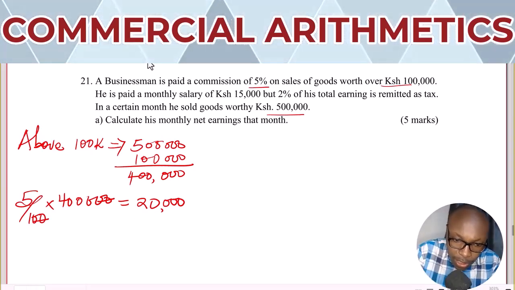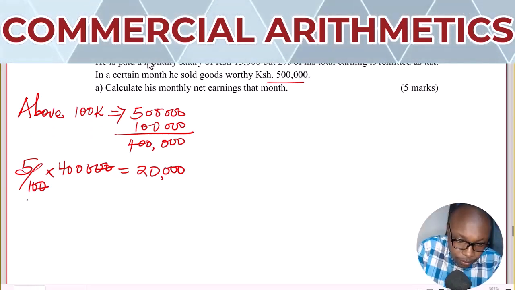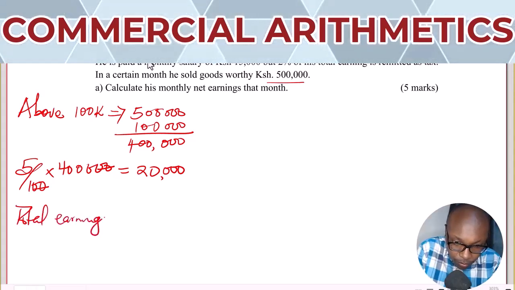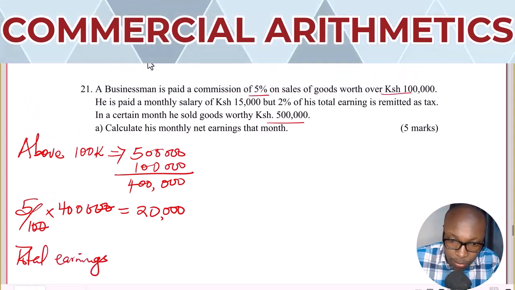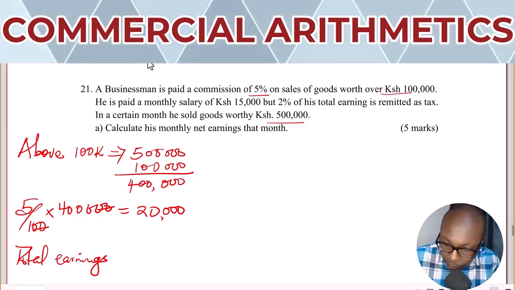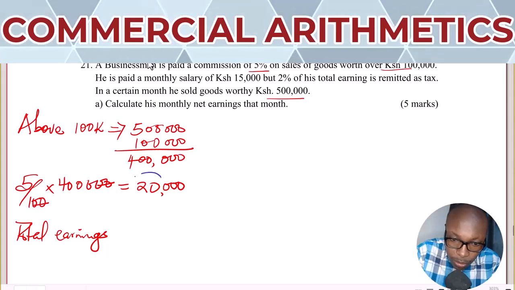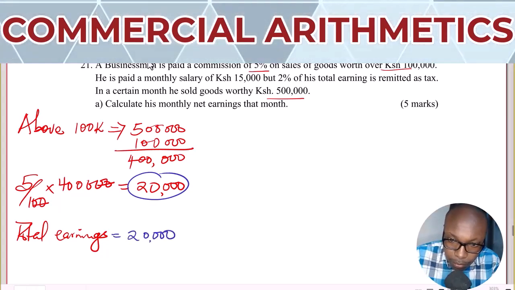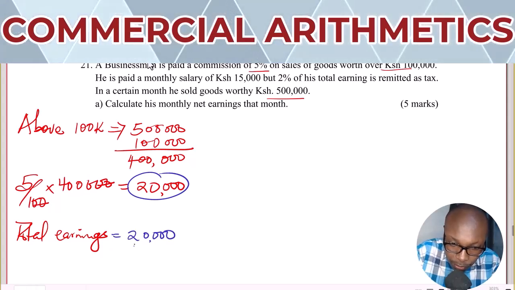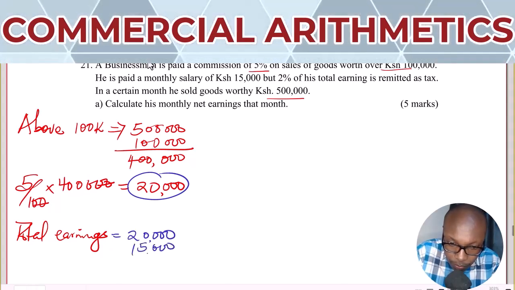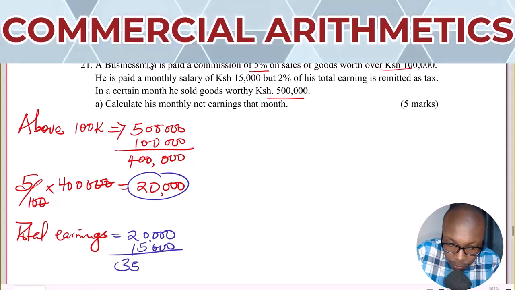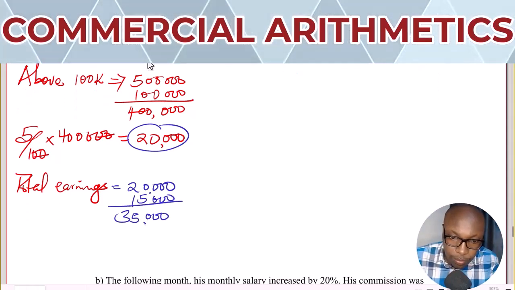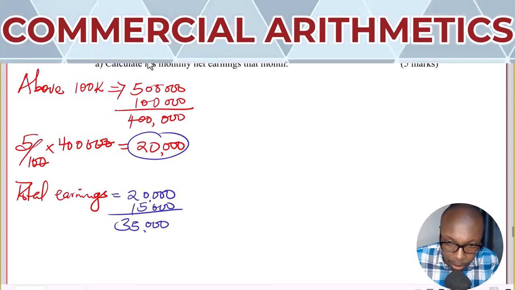So the total earnings would be given by the commission that he got, which is 20,000, plus salary, which is 15,000. We get 35,000. So that is what he gets as the total earnings.